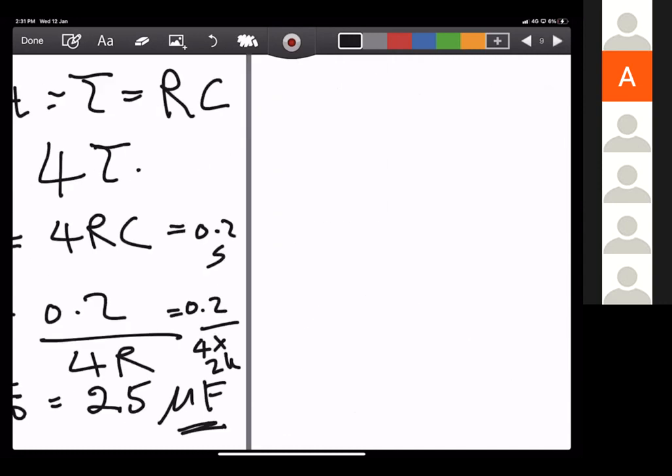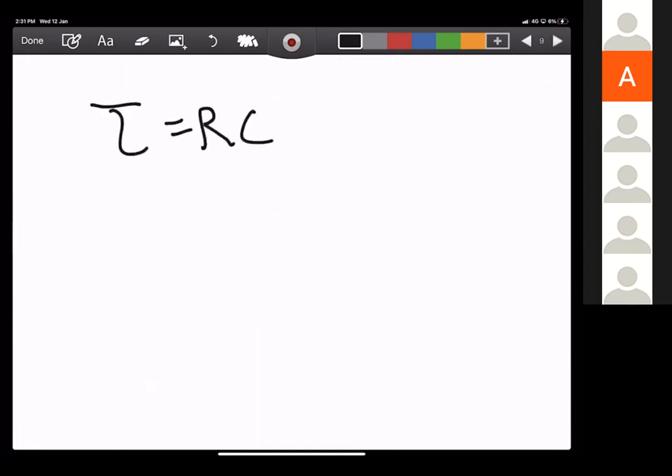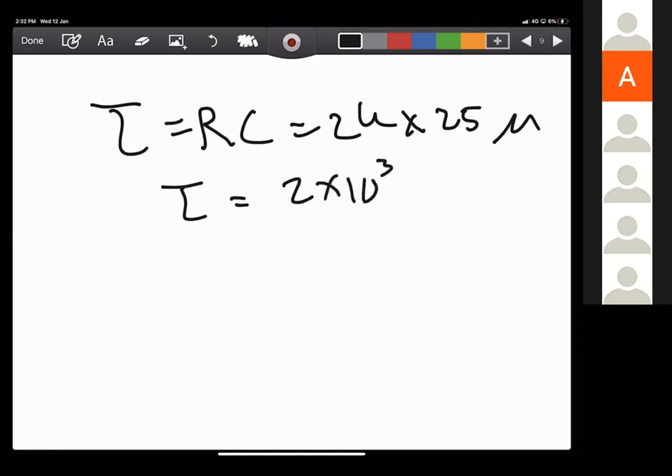So what is the value of tau? 50 milli. 50 millisecond.